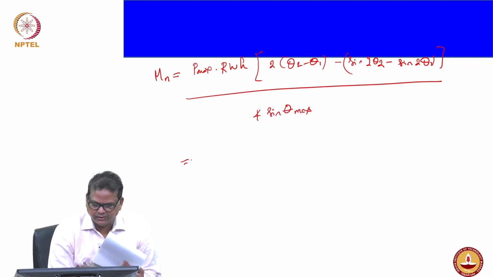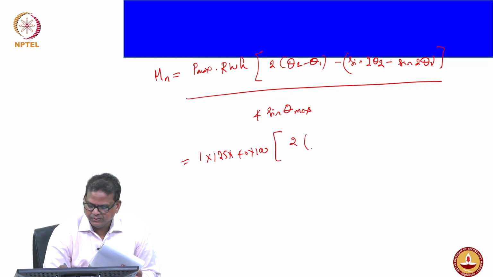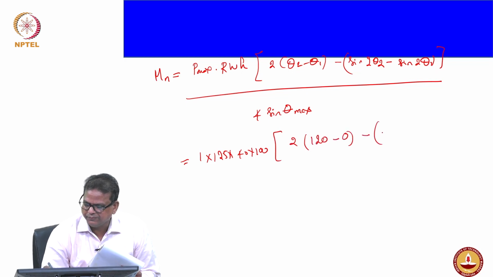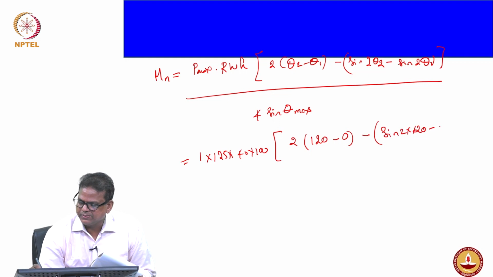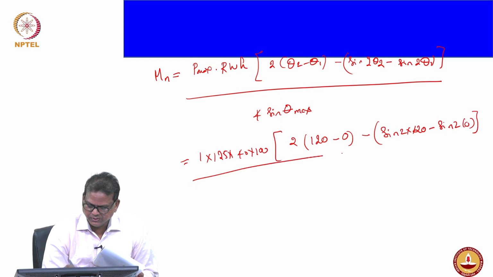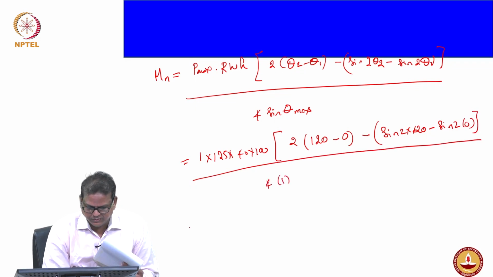Similarly, substitute all the values: 125 and 125, this should be 40, h will be 100. Then substitute theta 2 equal to 120, theta 1 equal to 0, minus sine 2 into 120, then sine 2 into 0, 4 sine theta max equal to 1.